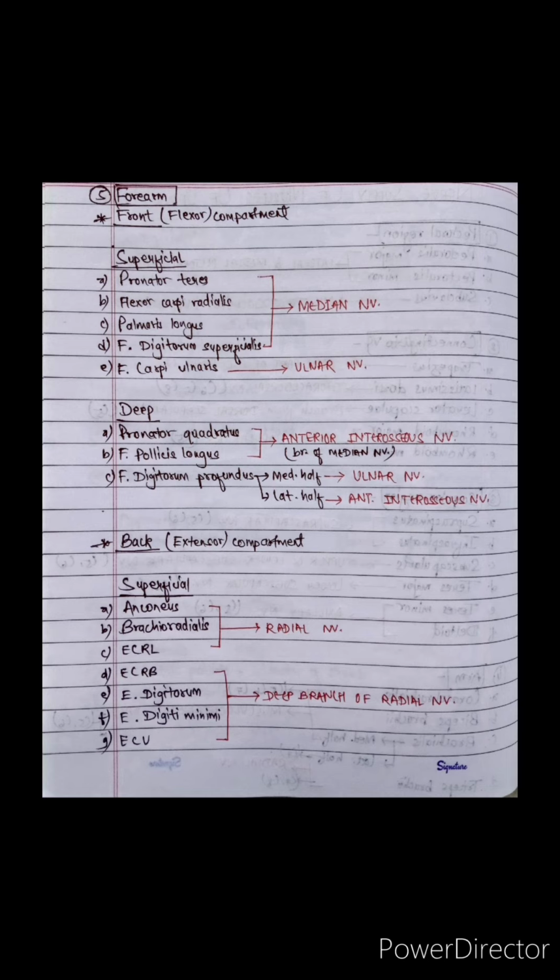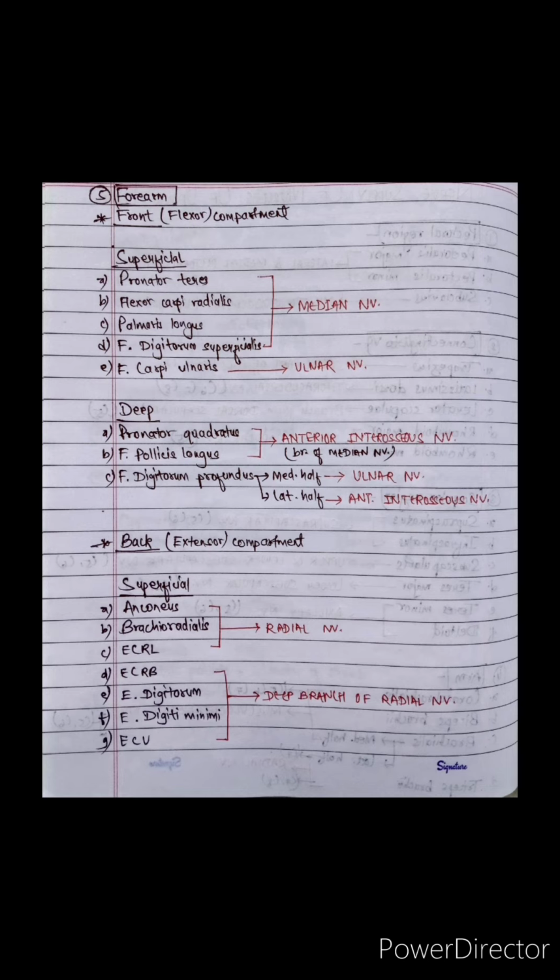And the muscles of deep region, pronator quadratus and flexor pollicis longus, are supplied by anterior interosseous nerve, which is the branch of median nerve. Flexor digitorum profundus medial half is supplied by ulnar nerve, and that of lateral half is supplied by anterior interosseous nerve.